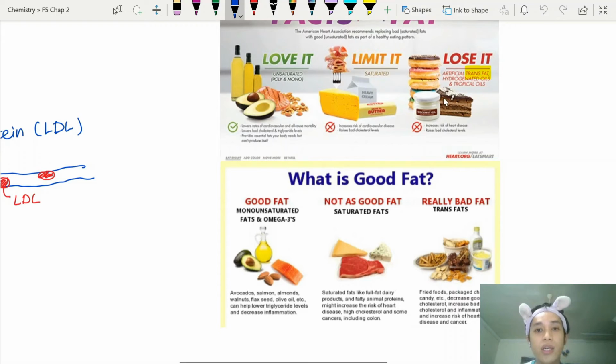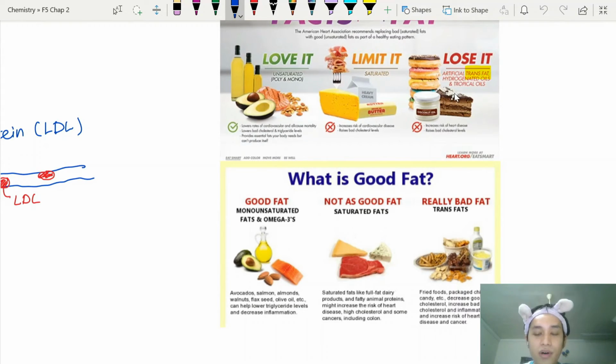That is why earlier on when people started manufacturing margarine, they said that it's better than butter because it's made from unsaturated fat. So technically you say, since it's made from unsaturated fat, it is safer and better. But as the years went on, people realized that during the process of changing the unsaturated to saturated, the margarine has a high amount of trans fat. This is very bad for your health.